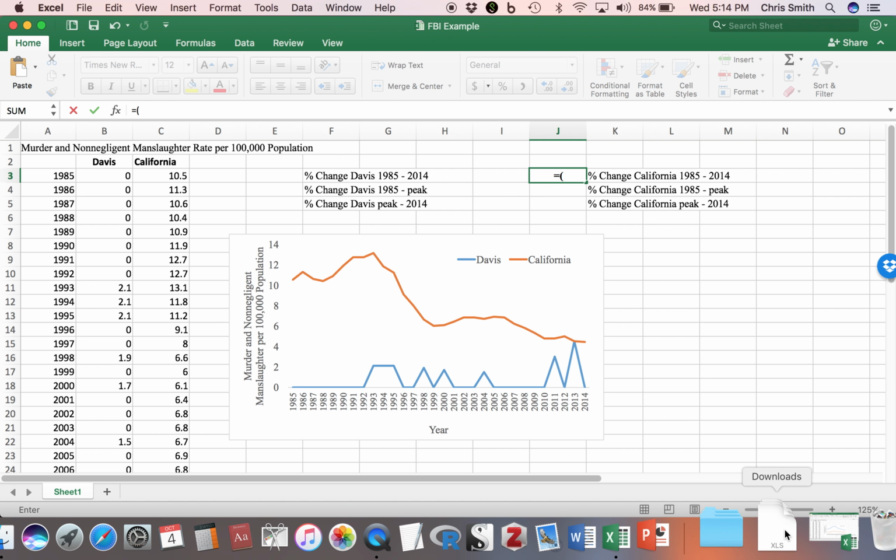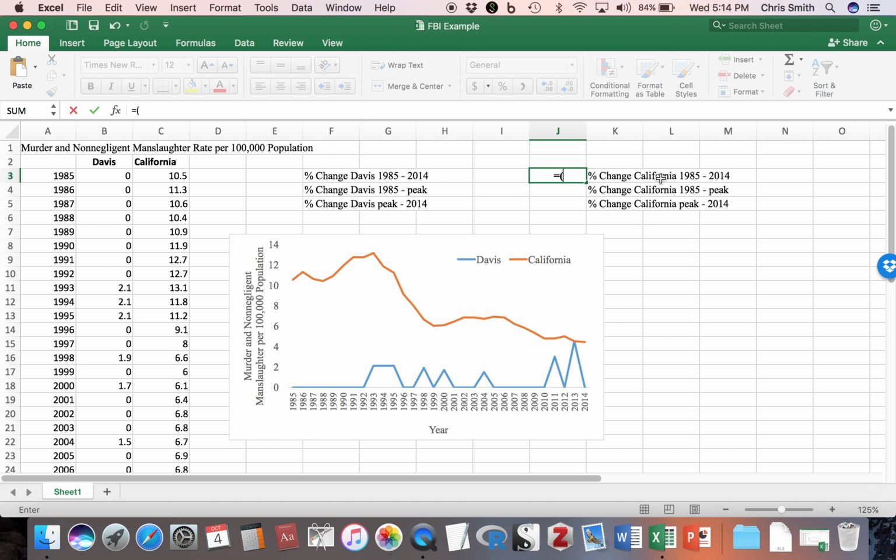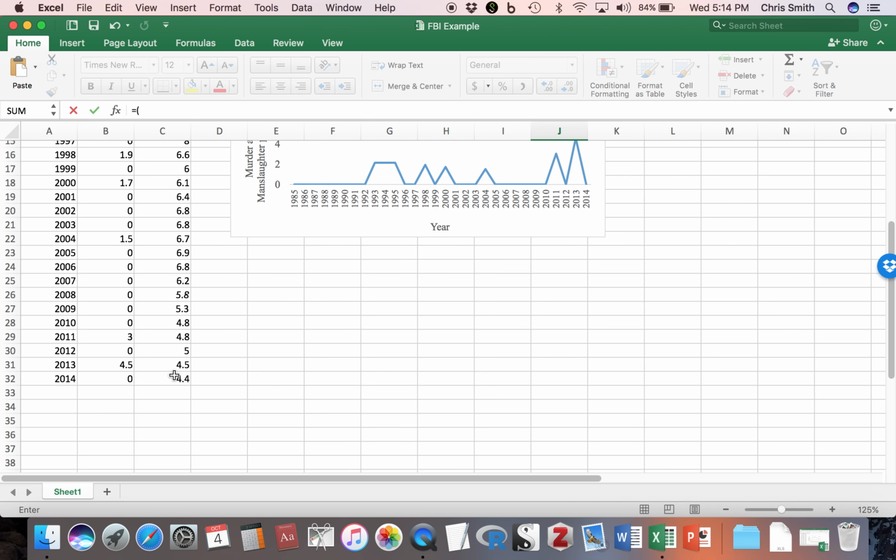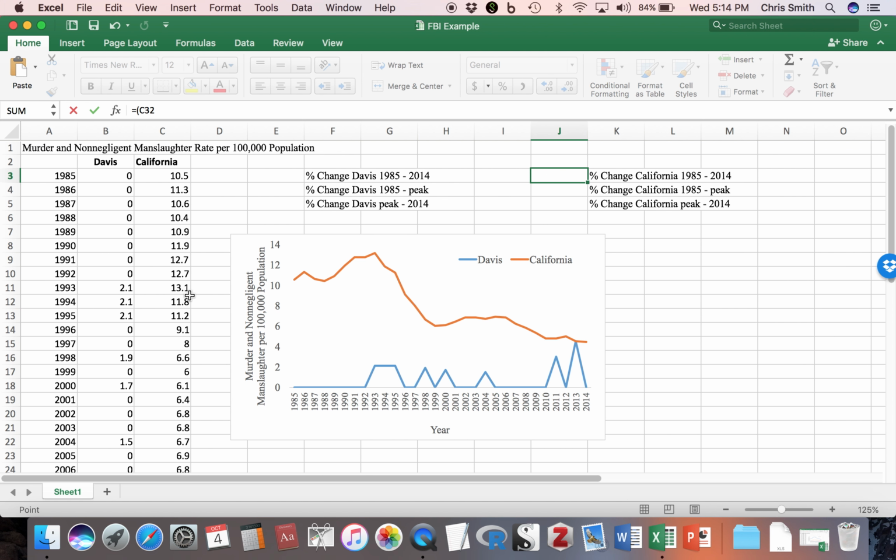Equals, open parentheses. This is the one where I look at the change from the earliest point to the latest point. Start with the latest, subtract the earliest, close the parentheses, divide by the earliest, multiply by 100. Go California, decrease in 58% murder rates.